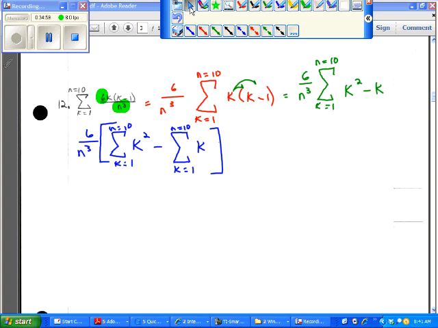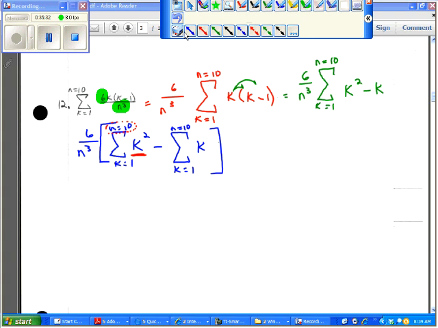Now, the expansion of the square idea was what? Remember that? It was n times n plus 1 times 2n plus 1 over 6, where n was the upper bound.